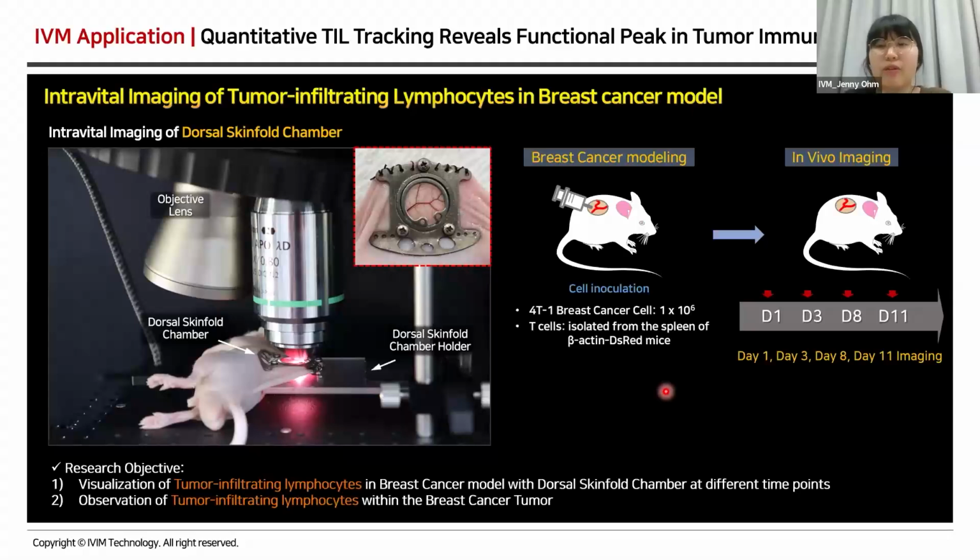Specifically, we examined how effectively these tumor-infiltrating lymphocytes, or TILs, infiltrate into the tumor and how functionally active they are once inside that microenvironment. In this experiment, we used a breast cancer mouse model, and using intravital microscopy, we observed TIL infiltration patterns and dynamics over time on days 1, 3, 8, and 11 after tumor cell implantation.